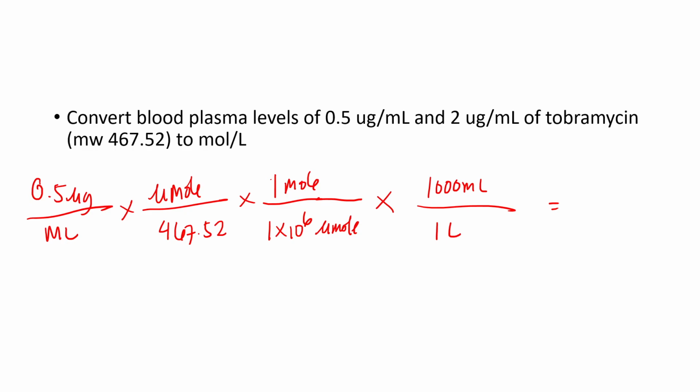Let me check. Mole per liter. 0.5 divided by 467.52, divided by 1 million, times 1000.